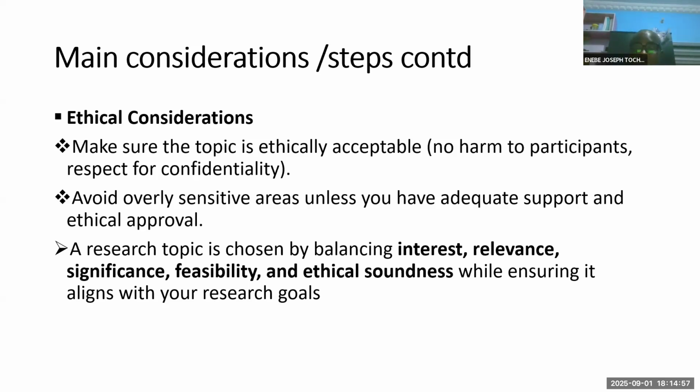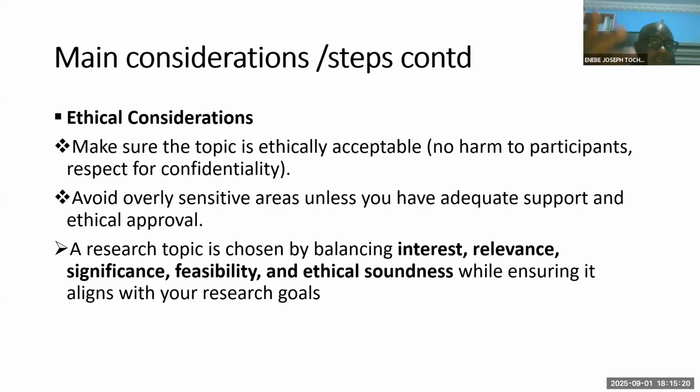So a research topic is chosen by balancing the research interest, the relevance and significance of the study, the feasibility, how possible it is to do that work, and then ethical soundness, while ensuring that it aligns with your research goals. So in summary, that's what you need to pick a topic.